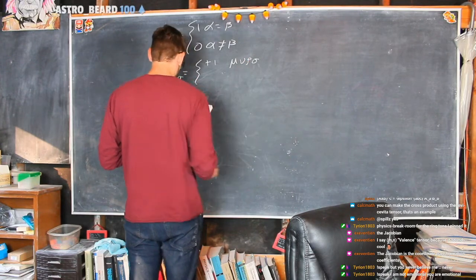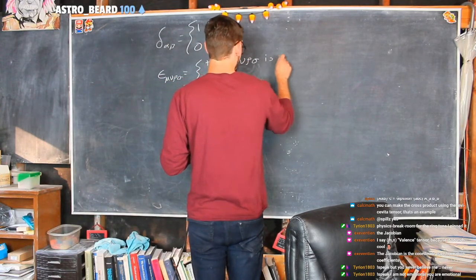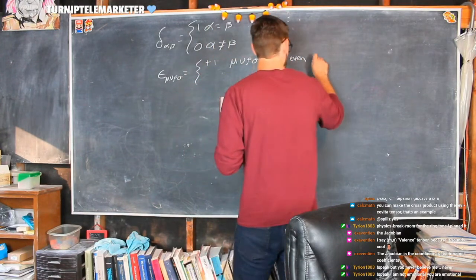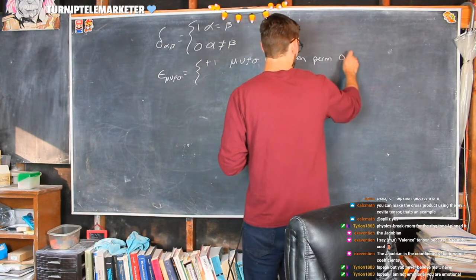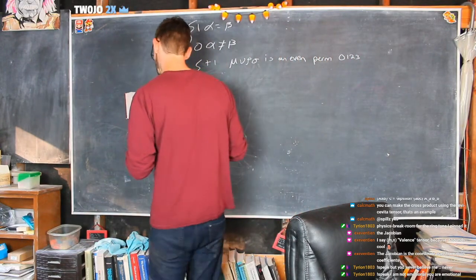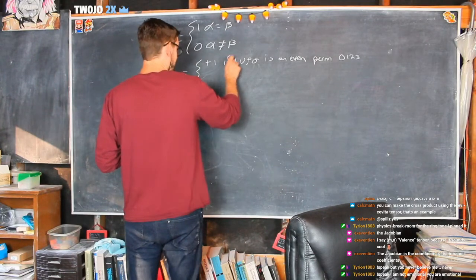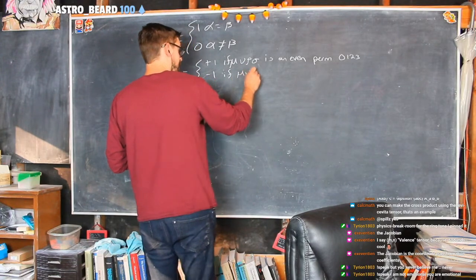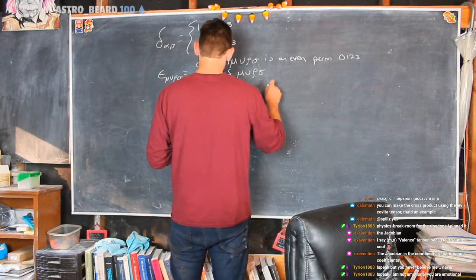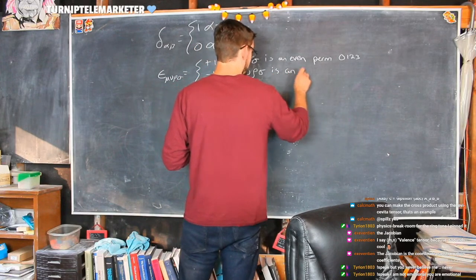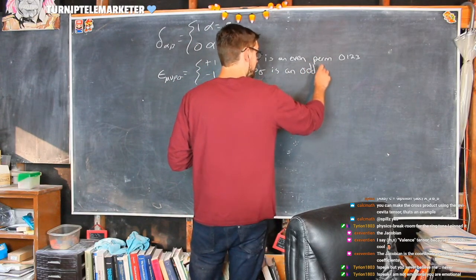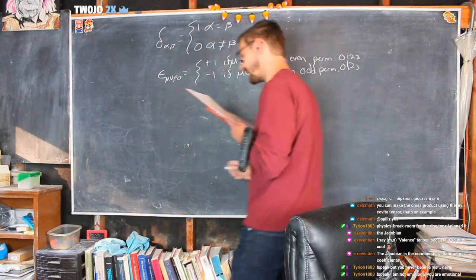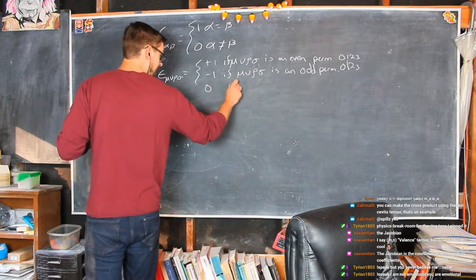So it's all about permutations. It's plus 1 if mu, nu, rho, sigma is an even permutation of 0, 1, 2, 3, and minus 1 if mu, nu, rho, sigma is an odd permutation of 0, 1, 2, 3, and 0 otherwise.